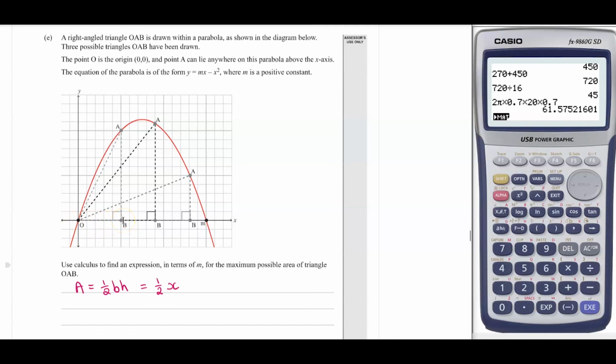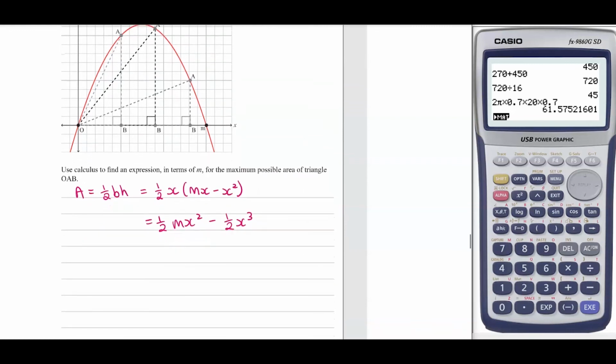So it'll give you the base. Now the height will be the y coordinate, which is worked out by mx minus x squared, because that's the expression for y. So if we expand that, we get half mx squared minus half x cubed.